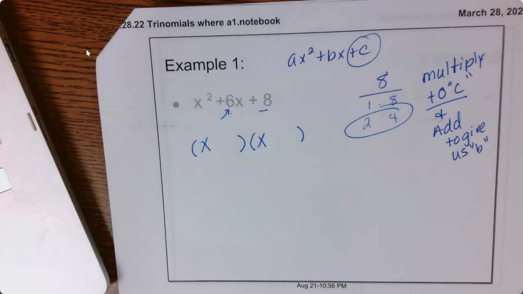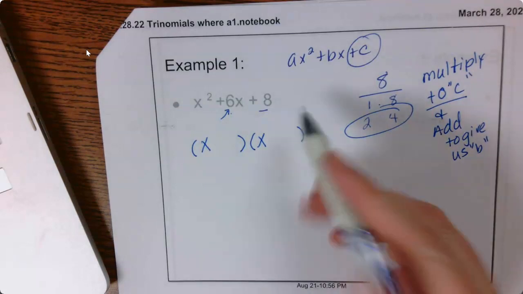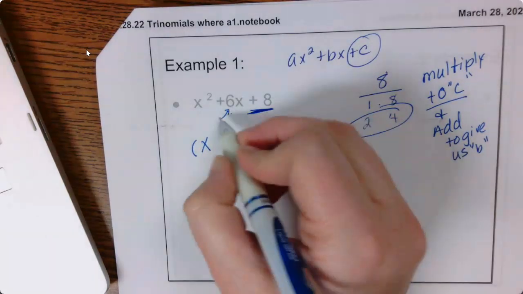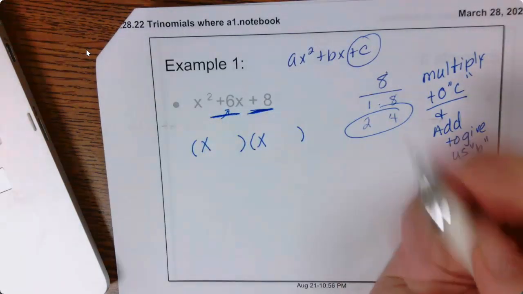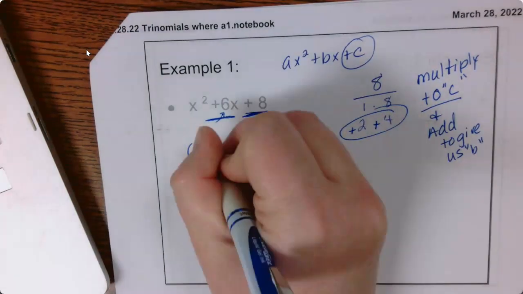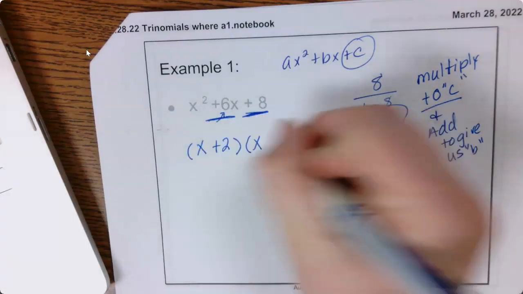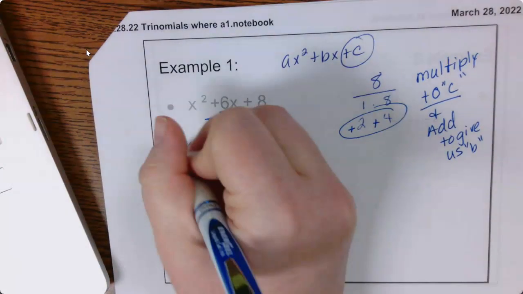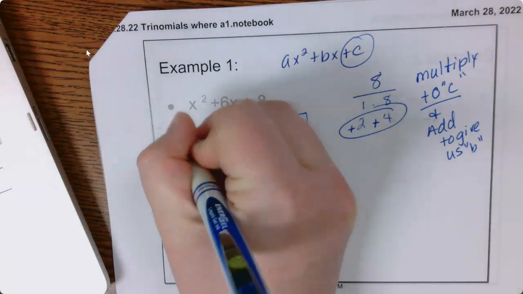All right. Now, what two numbers multiplied to give us positive 8 and added to give us positive 6? That's positive 2 and positive 4. So we're going to say x plus 2 times x plus 4. And you just factored your first quadratic trinomial.